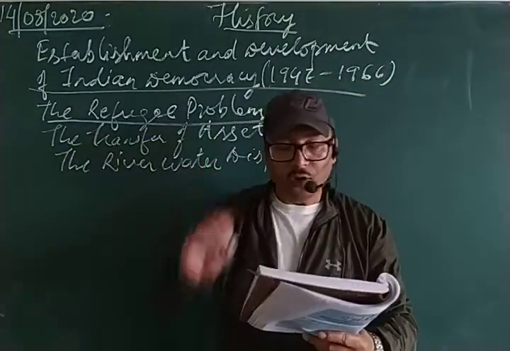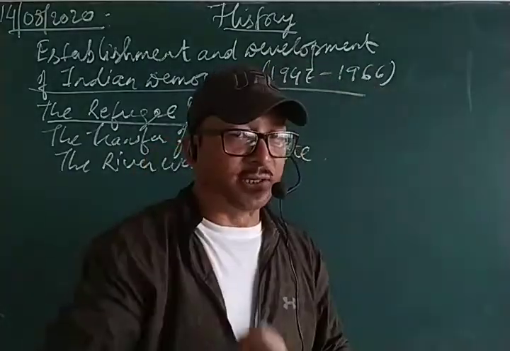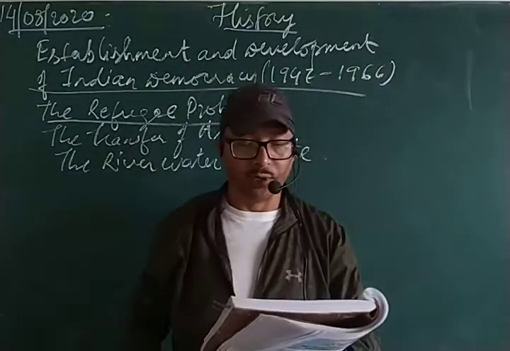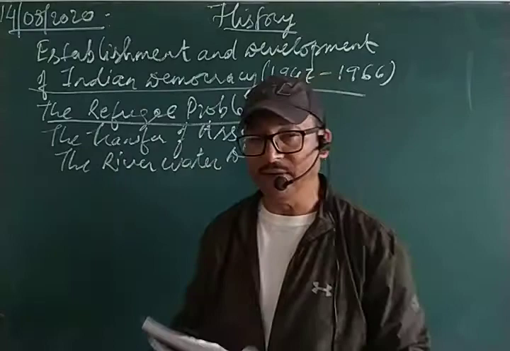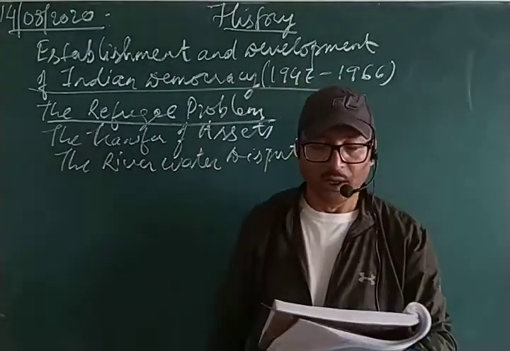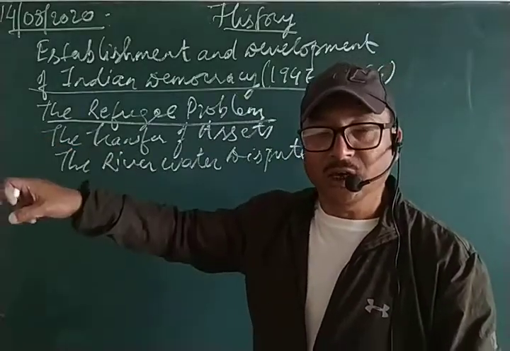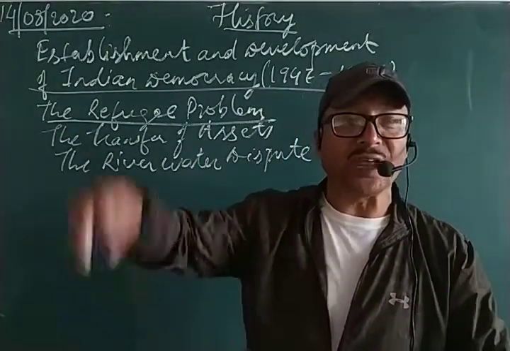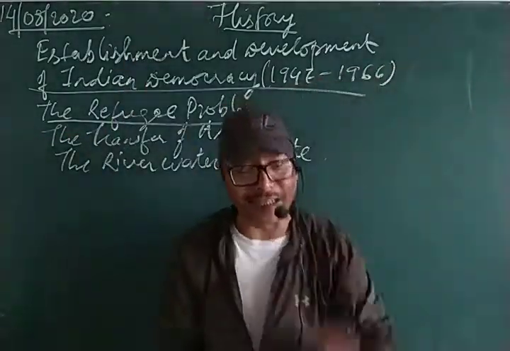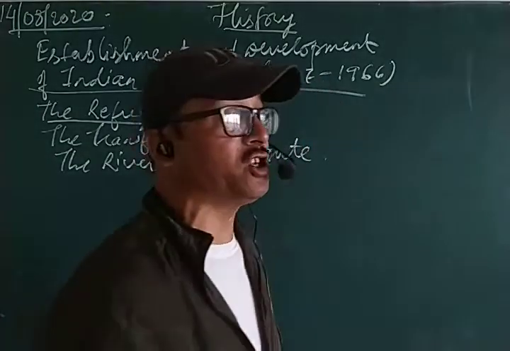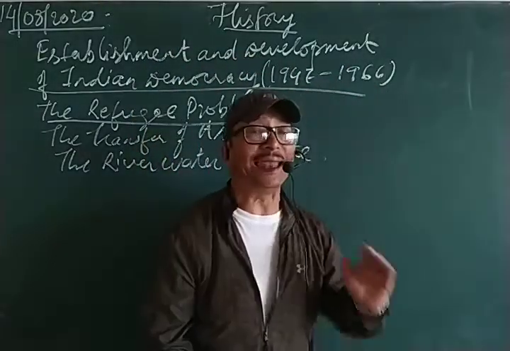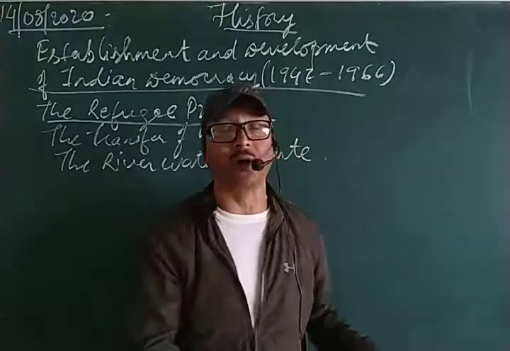Even, you know very well, the two provinces, Punjab and Bengal, were also divided, which I've already explained in the previous chapter. Punjab was divided and Bengal was divided, which saw the biggest migration ever known in world history. That means till now this sort of migration has not happened in any country of the world.